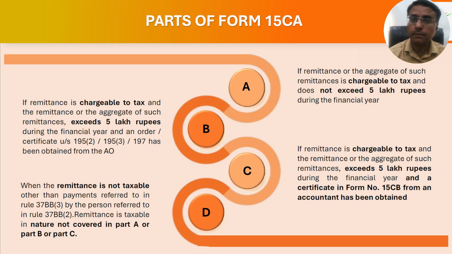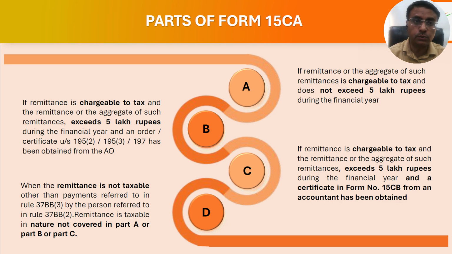So these are, my dear friends, A, B, C, D, the four parts of Form 15CA. Part A generally deals with transactions of less than 5 lakh that are chargeable to tax. So my dear friends, the important thing is when the transaction is not chargeable to tax, you don't require Part A also.